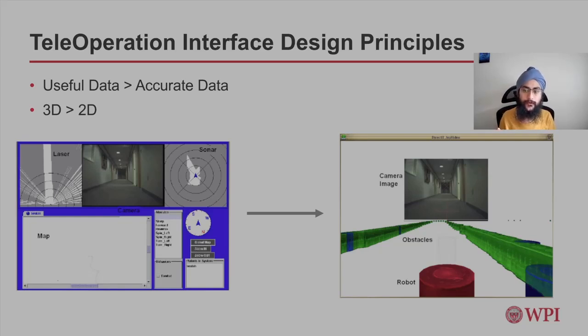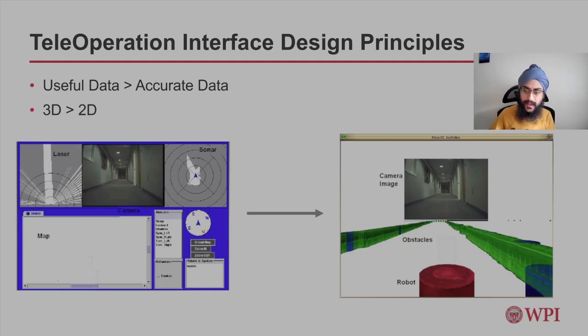And so that's where on the right, the interface does a lot better, because maybe some of that data isn't as accurate. Maybe we can't see all the noise in that laser, but the information we do see really tells us what we are supposed to be doing in this environment.